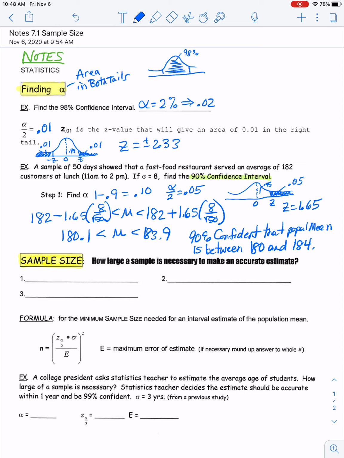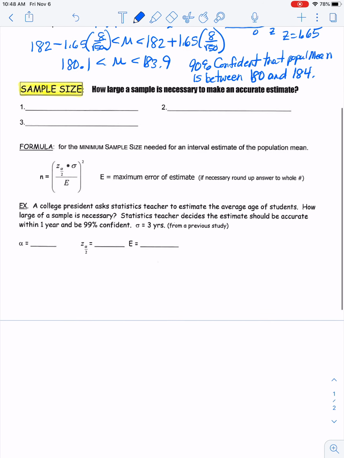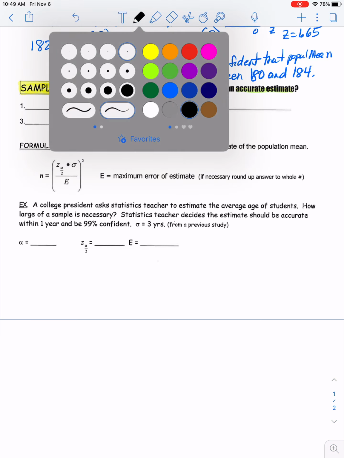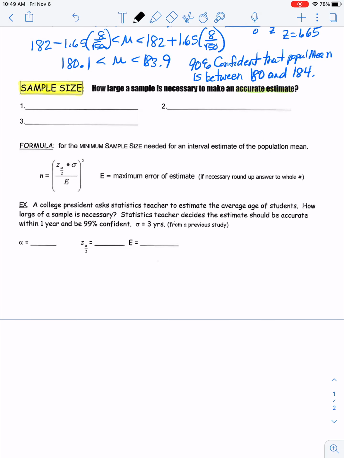Now let's move on down a little bit here and take a look at sample size. How large a sample is necessary to make an accurate estimate? Well, it depends on like three things.